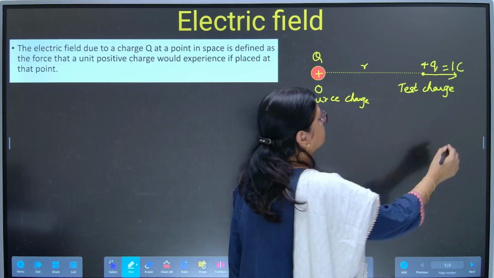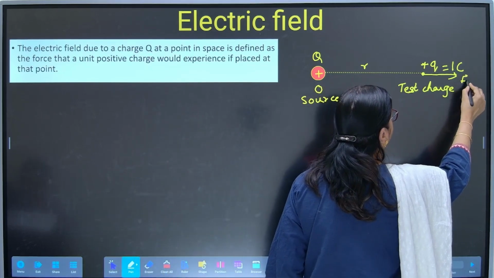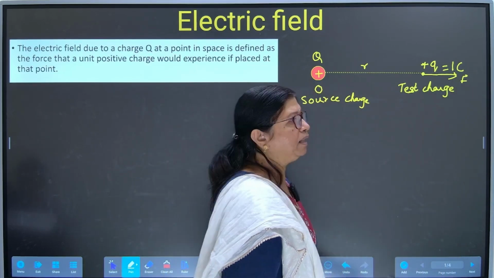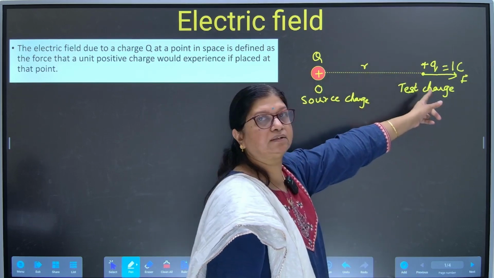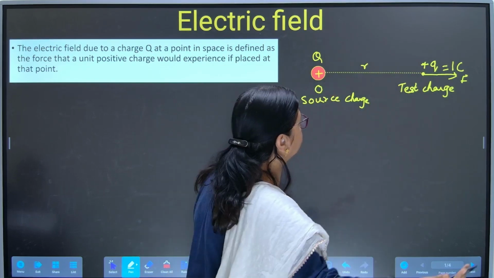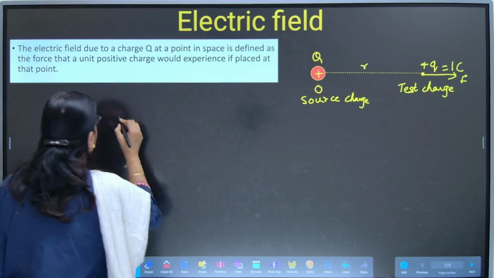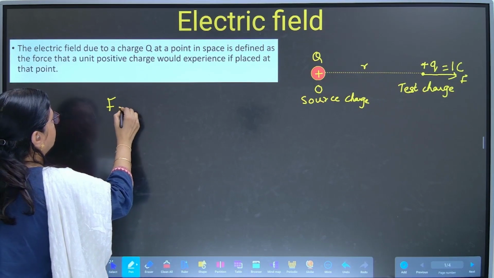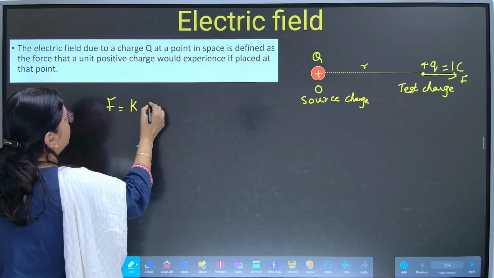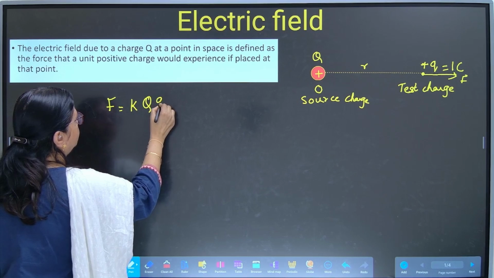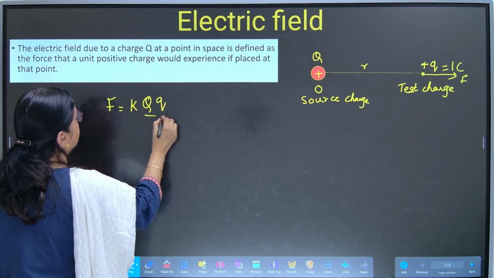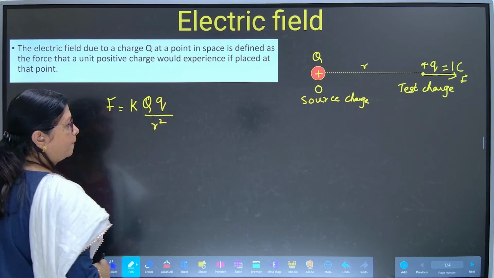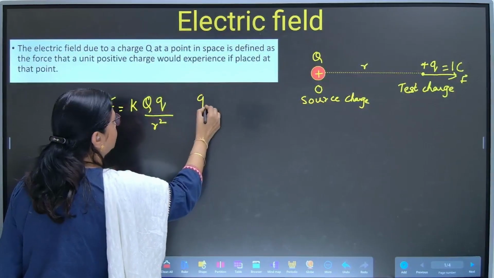Okay, so this is the direction of the force exerted by this charge on this charge. What is its value? F is equal to K Q upon R square, where we have already written Q is equal to 1 coulomb.